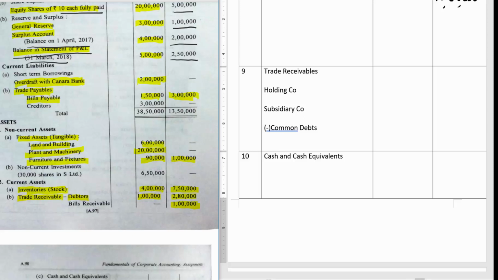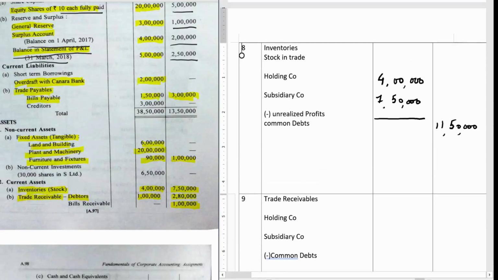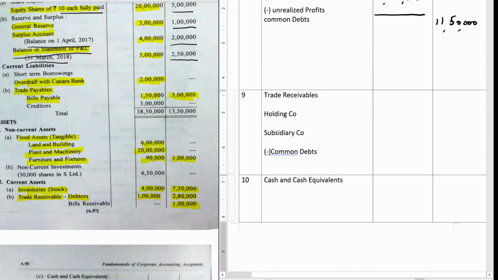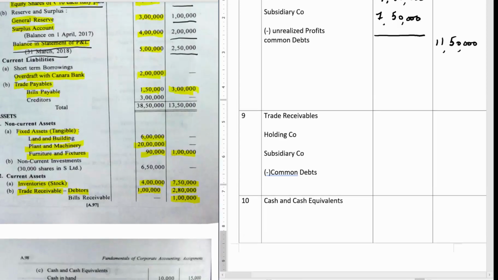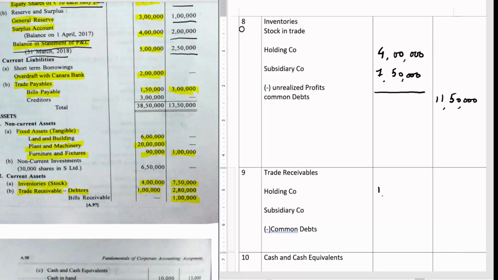Point number 9, trade receivables. For H Limited, the question already says 1 lakh. For S Limited, we would be adding 2,80,000. And if we remember, we have also subtracted 60,000 of common debt above, which we would also be doing on the asset side as well.